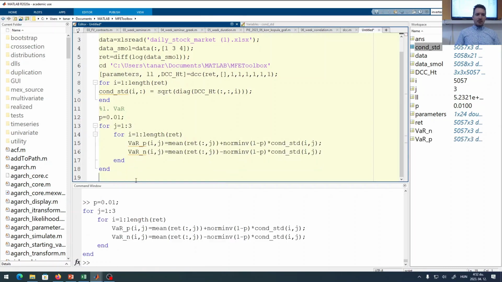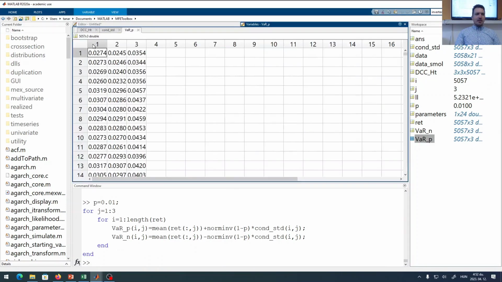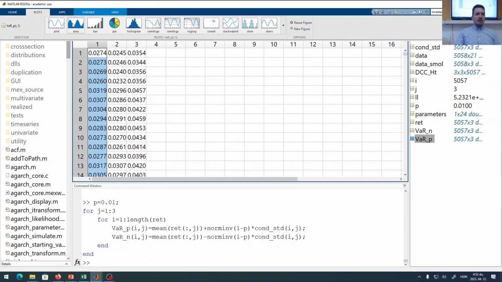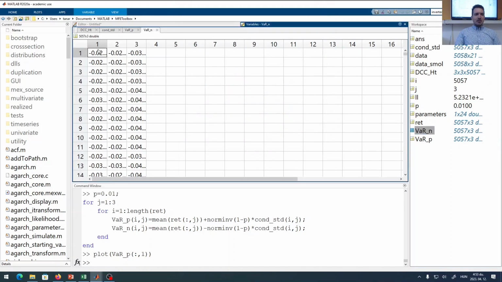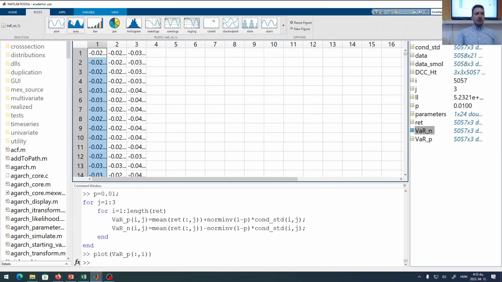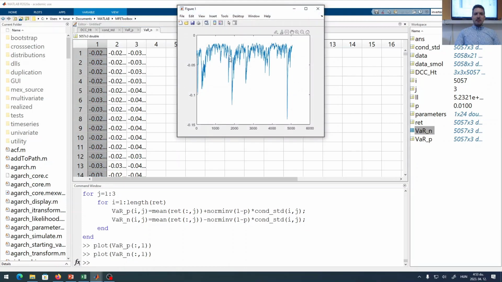So this is the elegant approach, because here we can see the time variant changing nature of the expected value at risk. For positive values, and this is for the negative values.